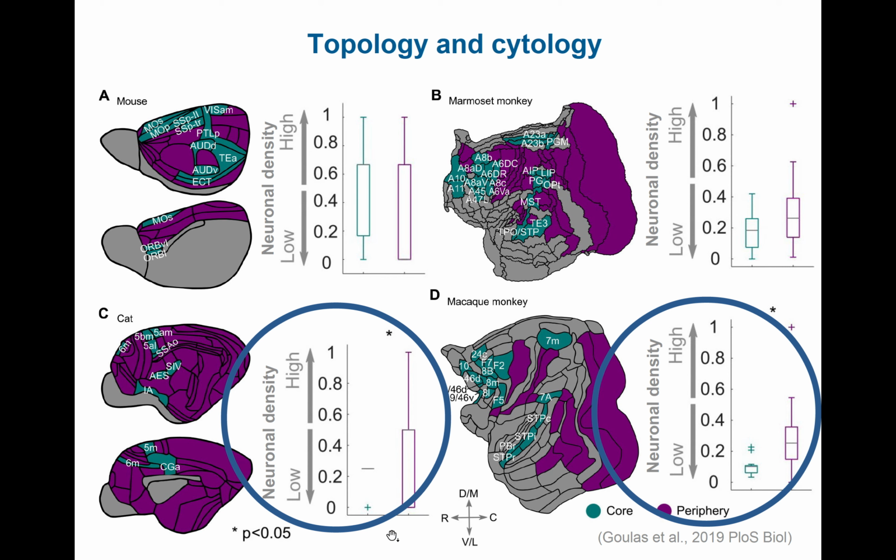And the segregation entails that central areas, the core areas, have a lower neural density when compared to periphery areas. That is, the core areas encompass the parts of the cortex that are less densely populated, less cytologically differentiated. So we have to do with a species-specific manifestation of a principle that relates topology and cytology in mammals.